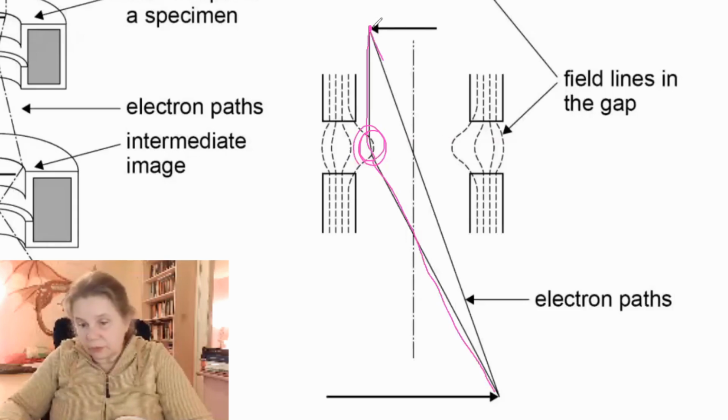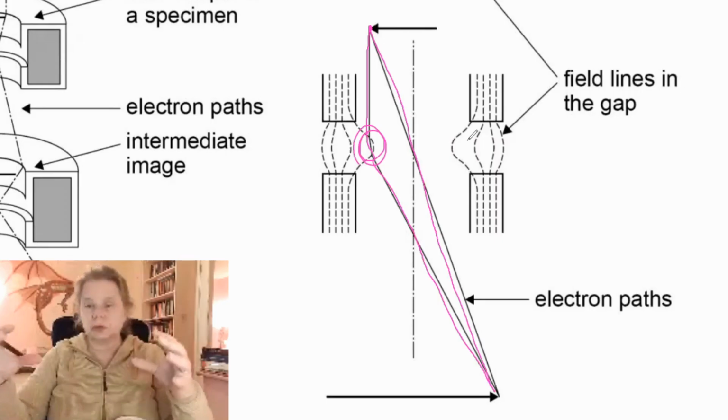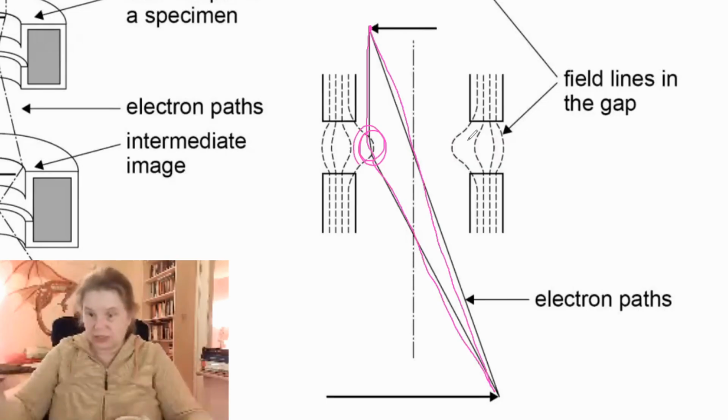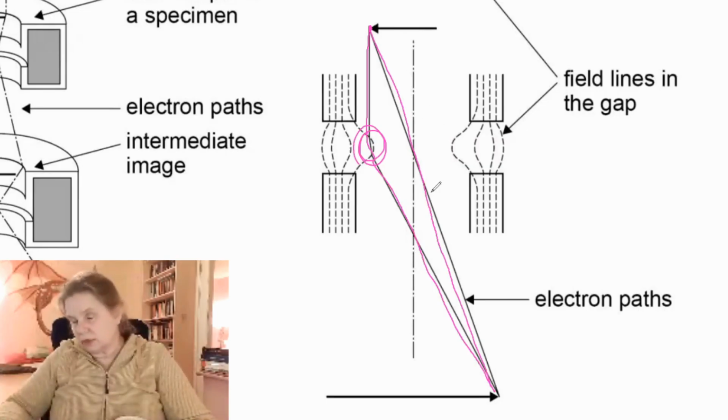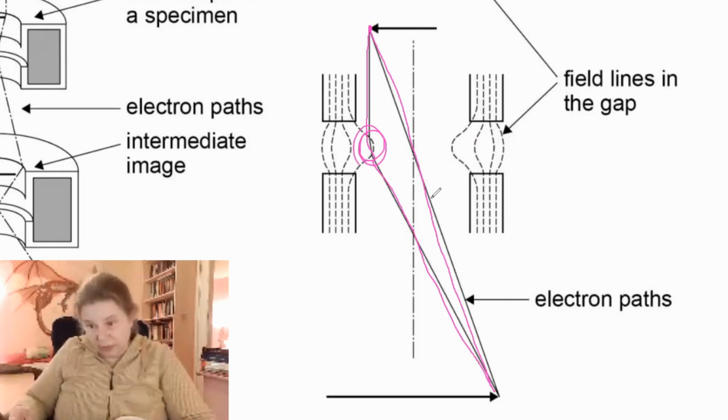And this one that's going down through the middle doesn't encounter any magnetic fields. They're too local. They're only there right at the edges, and so it doesn't get deflected at all. Now I want you to think about this as a lens.